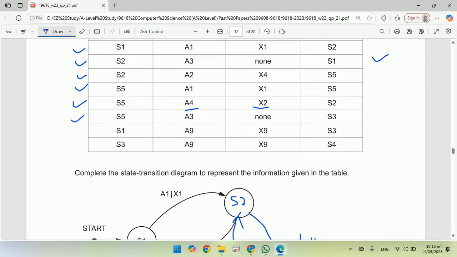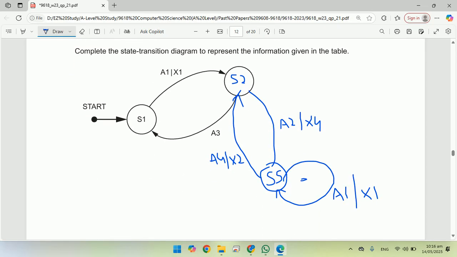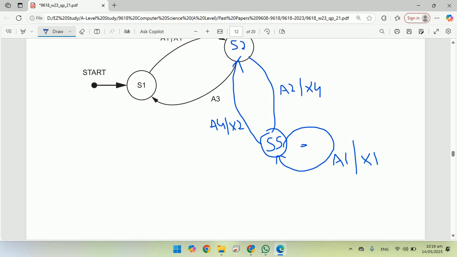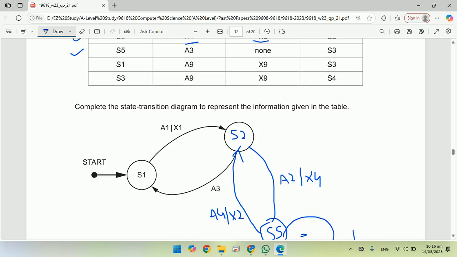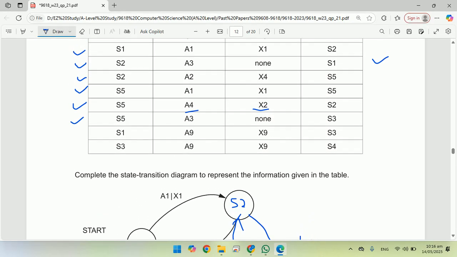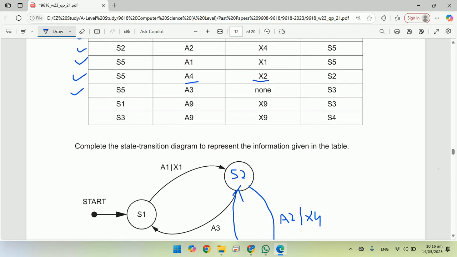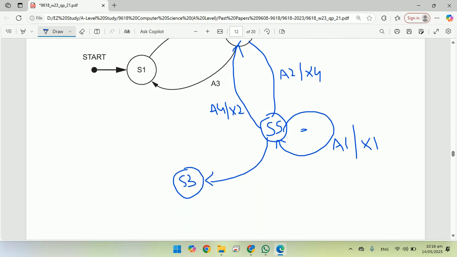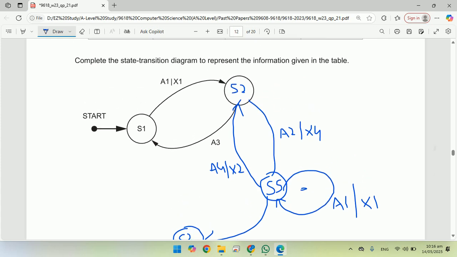We have third last, S5 to S3. We don't have S3 yet, so you would have to create an S3 like this, and the transiting factors would be A3 and no output. So you can just say A3, you don't have to write none for the output.